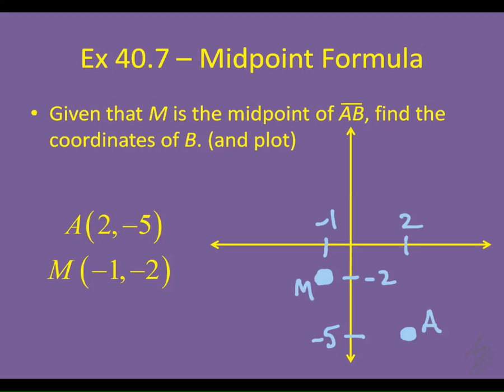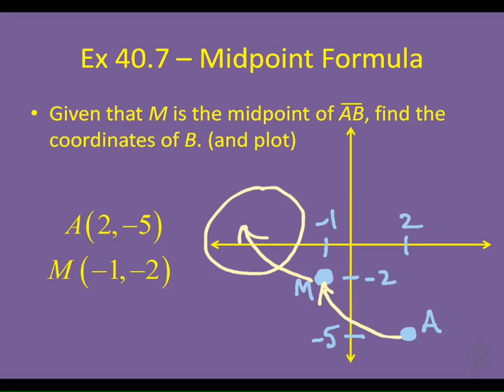Austin, you think you can? So we can reasonably say that our other endpoint should be somewhere in, and I'm going to make it kind of big, but somewhere in that region, right? So we're going to go from A to M, and then we're going to continue from M to the other endpoint in the same direction. Does that make sense? So we're going to get another endpoint. Point B is going to be somewhere in there.